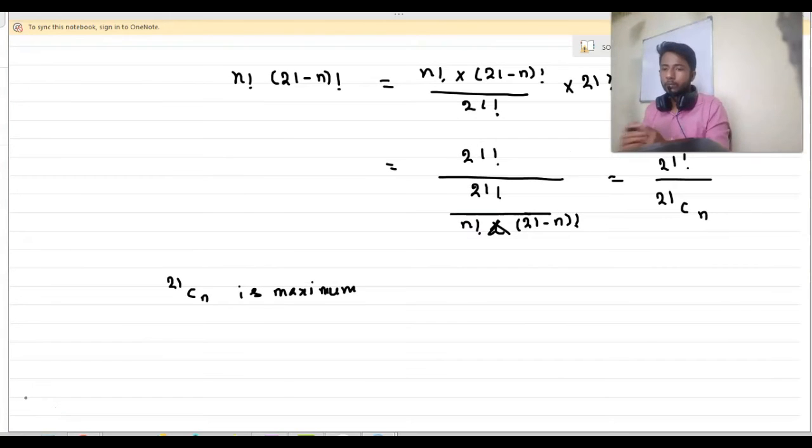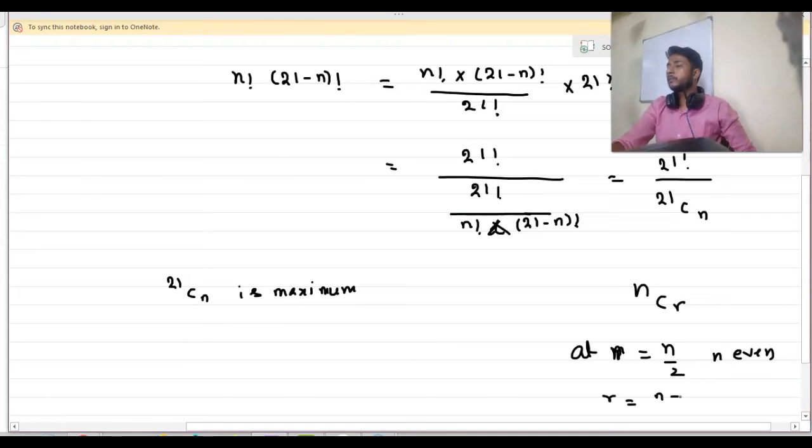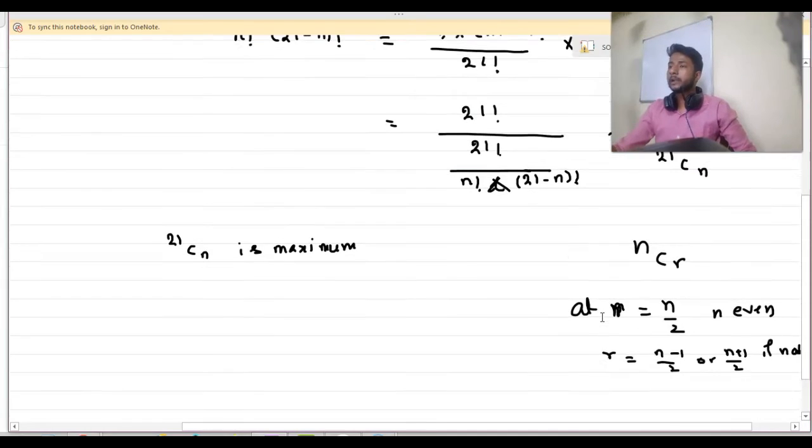Now, we know that nCr takes the maximum value at r equal to n/2 if n is even, and r equal to (n − 1)/2 or (n + 1)/2 if n is odd.